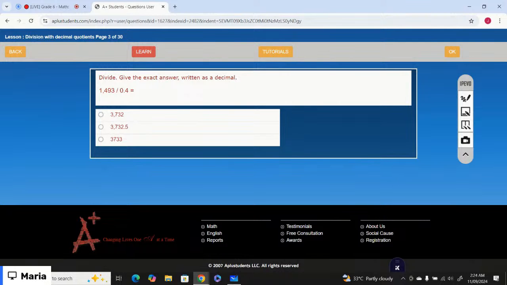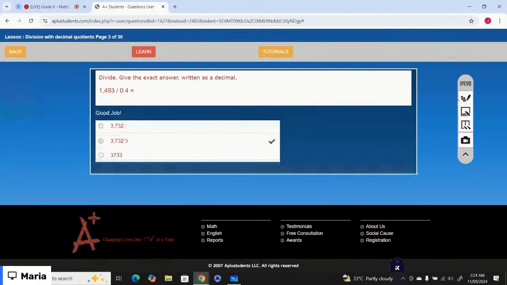The correct option is option number 2. No one is replying, but everything is okay. The correct option is option 2, that is 3723.5.